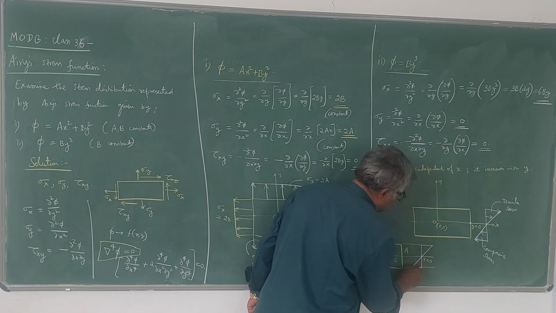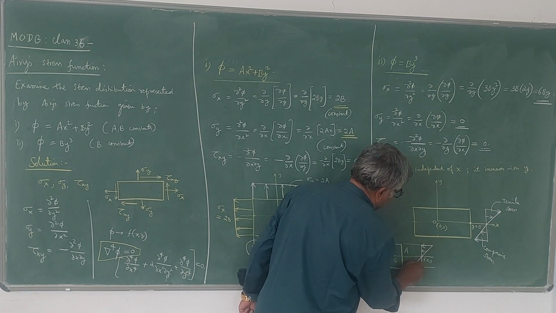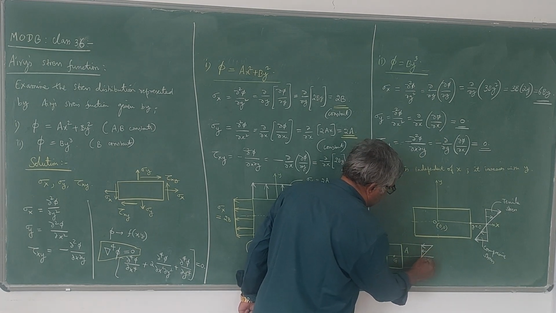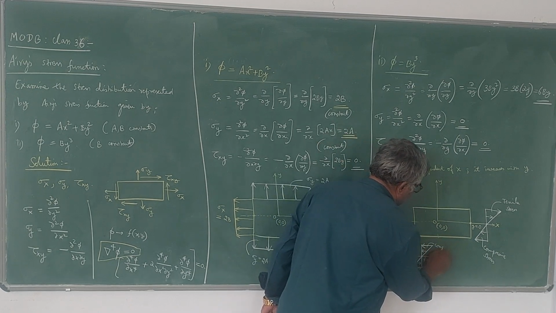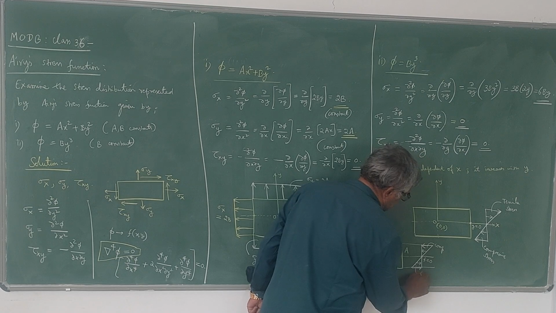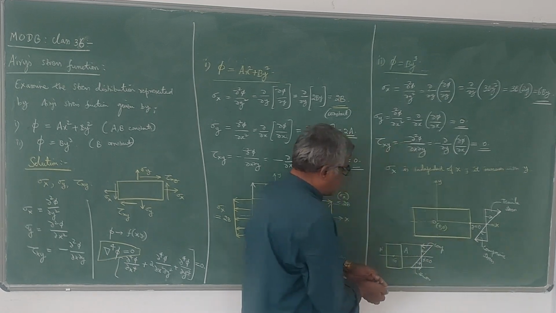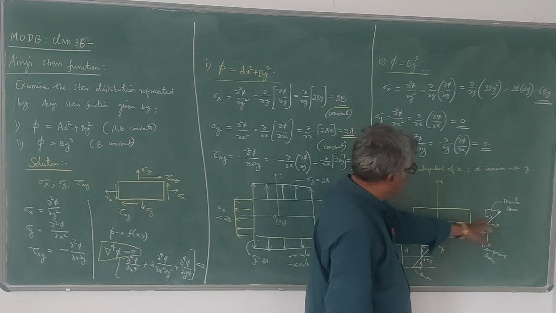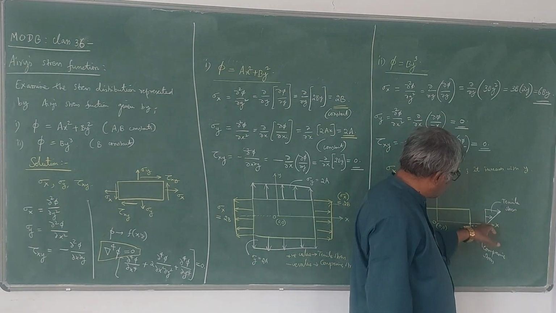Depending on whether it is simply supported or cantilever: if it is simply supported, all the fibers above the neutral axis will be subjected to compression, whereas below it is tension. Whereas if it is a cantilever beam, above the neutral axis is tension, below the neutral axis is compression. That is this case.